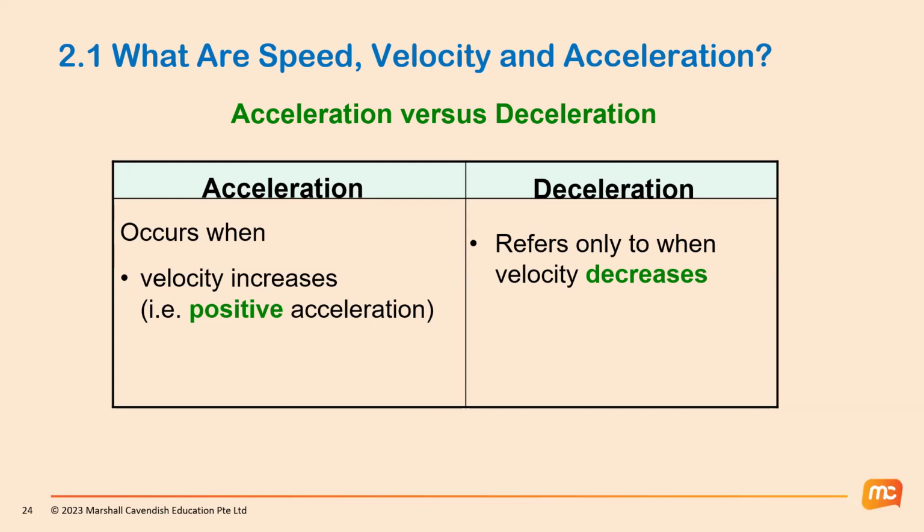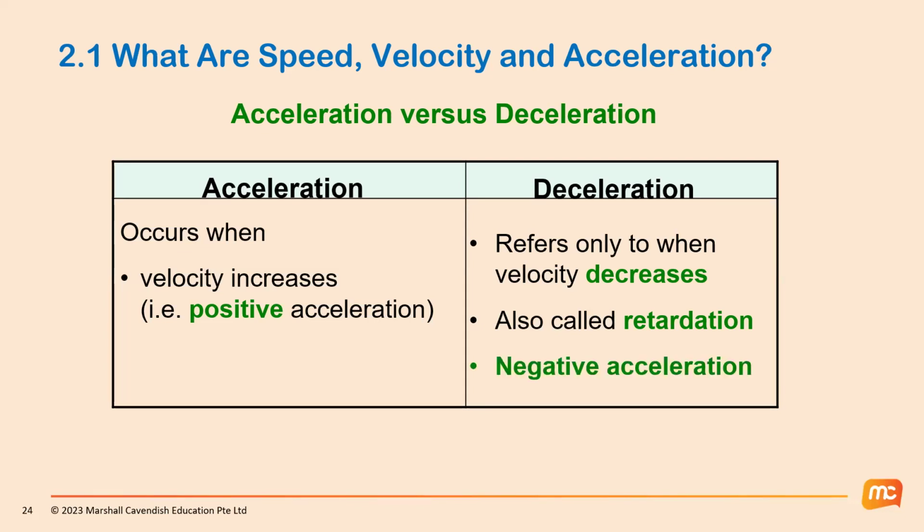You will see decelerating more often in the newer books, but in very old books, sometimes they refer to it as retardation. So moving faster and faster means accelerate. Moving slower and slower means decelerate, or in older books, retardation. Or sometimes we refer to it as negative acceleration. Negative acceleration means slowing down.